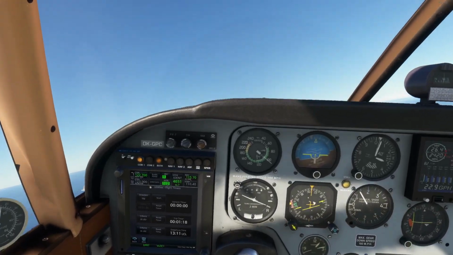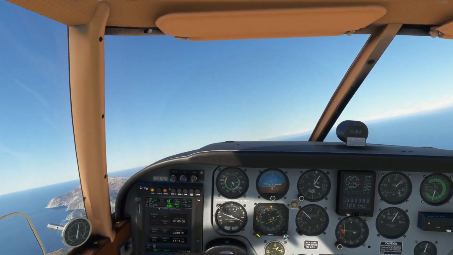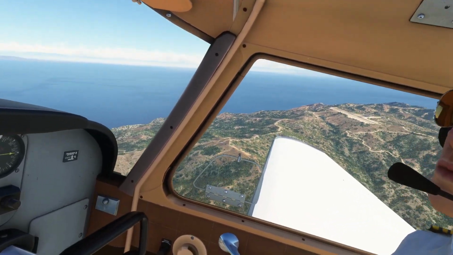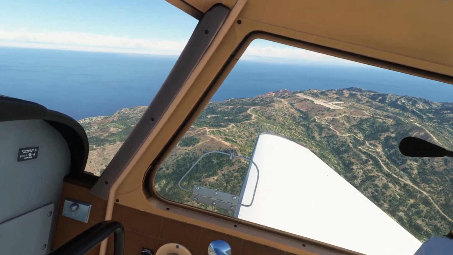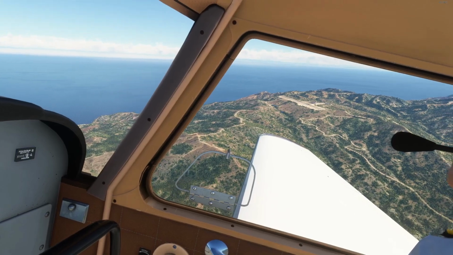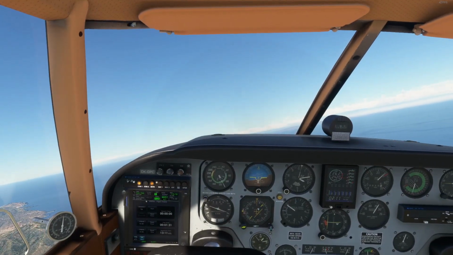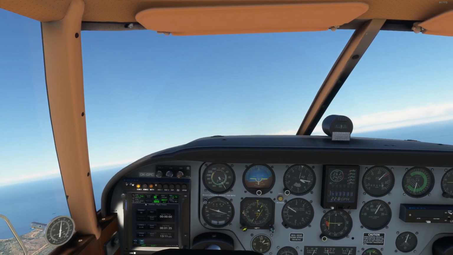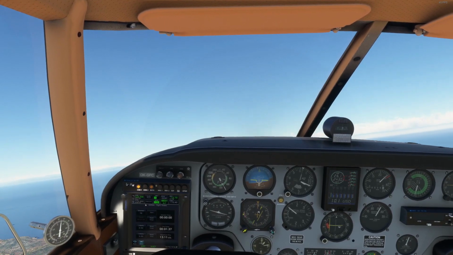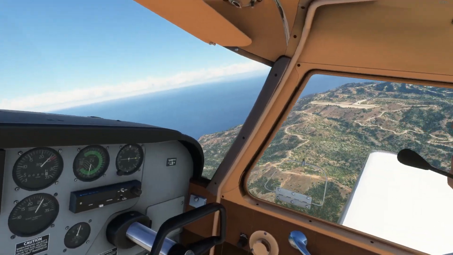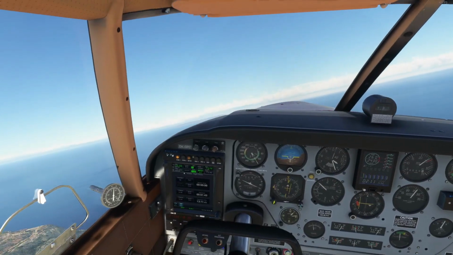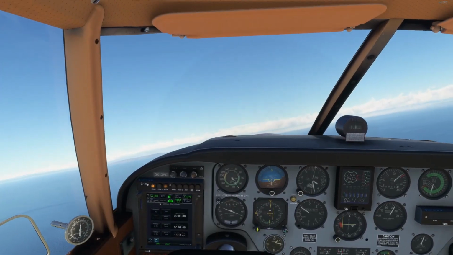Yeah, we already have the VOR. Catalina traffic, November 17 Victor Delta, taking off runway 22, departure to the north, Catalina. Okay, fuel pump off. Landing lights off.